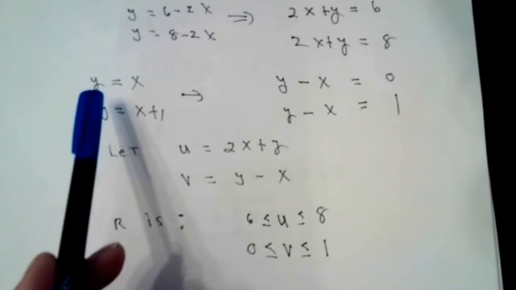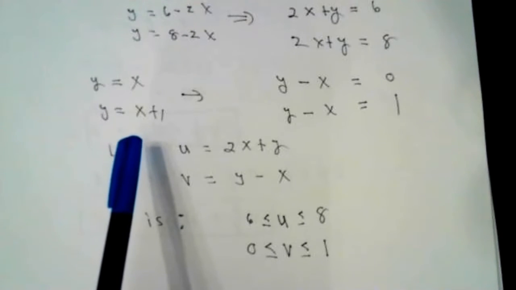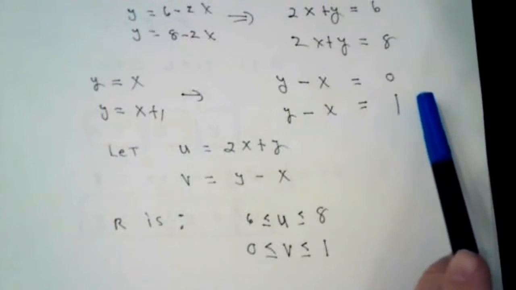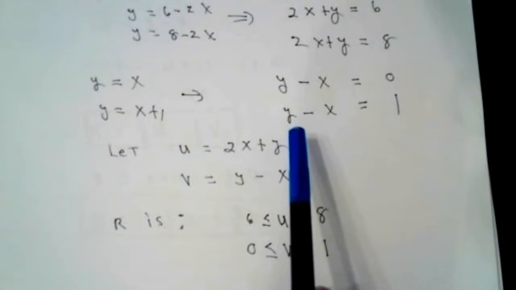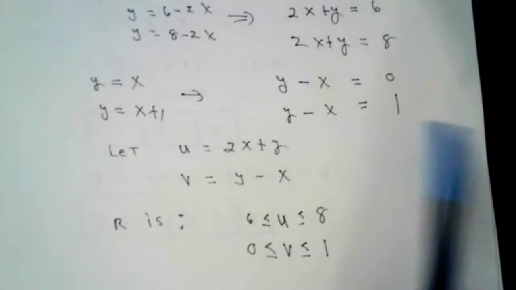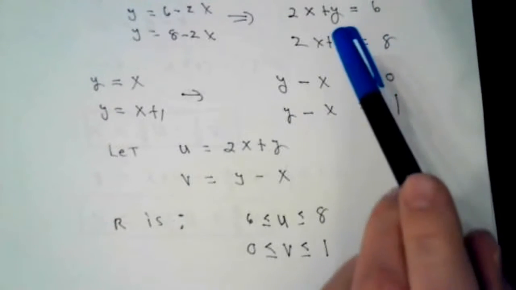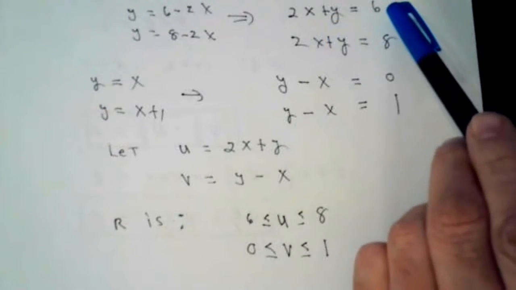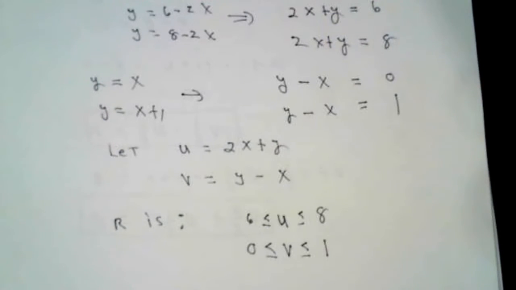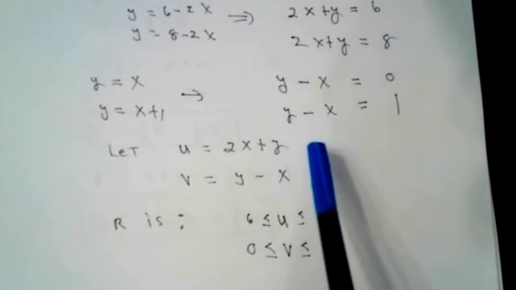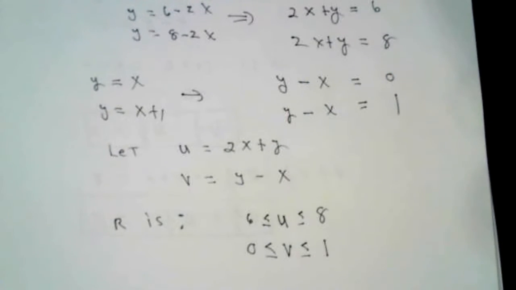Also, y equals x plus 1 can be written as y minus x equals 0 and y minus x equals 1. If you look at all of the points where 2x plus y is between 6 and 8, and y minus x is between 0 and 1, those will give you all the points in the region.